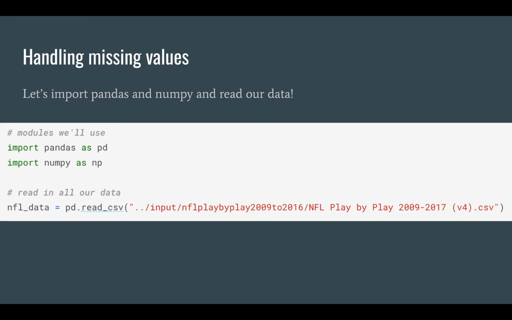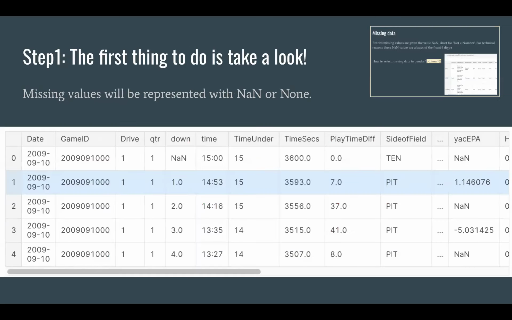You might have noticed that the examples on these slides are from Kaggle. We'll use a data set of events that occurred in American football games. Step 1, the first thing to do is take a look. If you take a look to see if there are any missing values, they will be represented with NaN, not a number, or None.